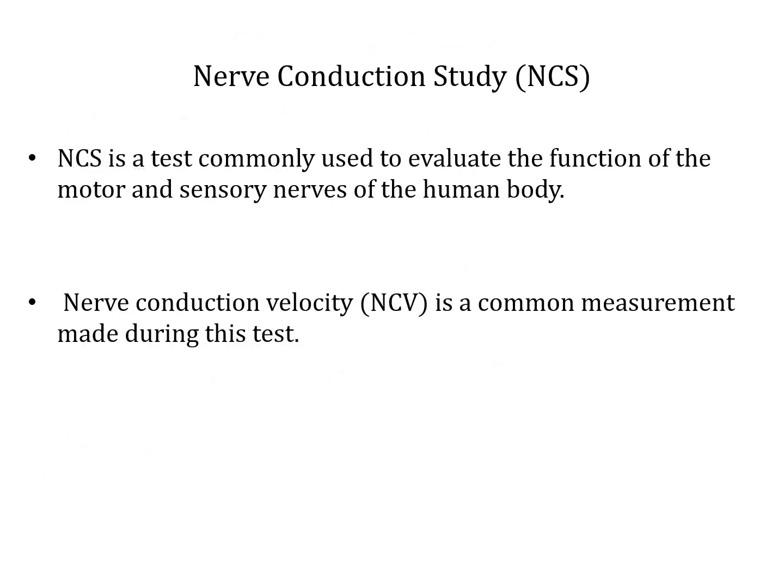Now, what is a nerve conduction study? It evaluates the function of a nerve. It could be a sensory nerve or a motor nerve. It just evaluates the functional ability of the nerve. As with how we do the ECG and EEG, the electrodes are placed over the particular area.